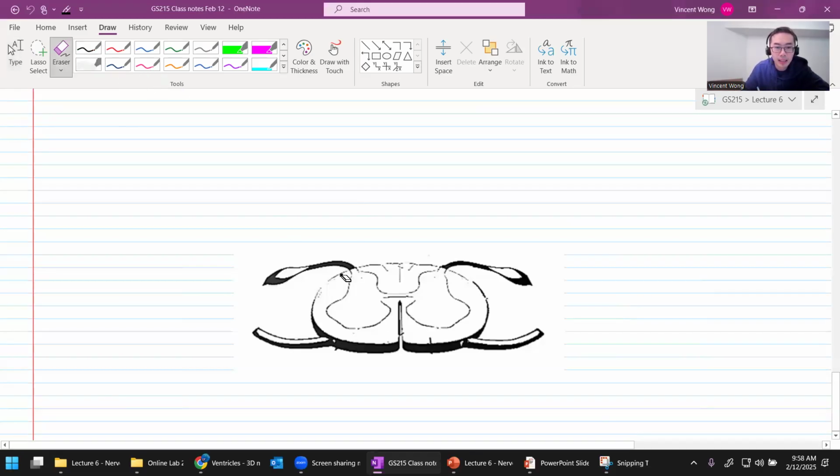So the spinal cord, you will notice that on the inside, there's this distinct butterfly shape, and the top of the butterfly is actually the front of the body. And in terms of this nervous system, instead of using anterior and posterior, we actually use words like ventral and dorsal.